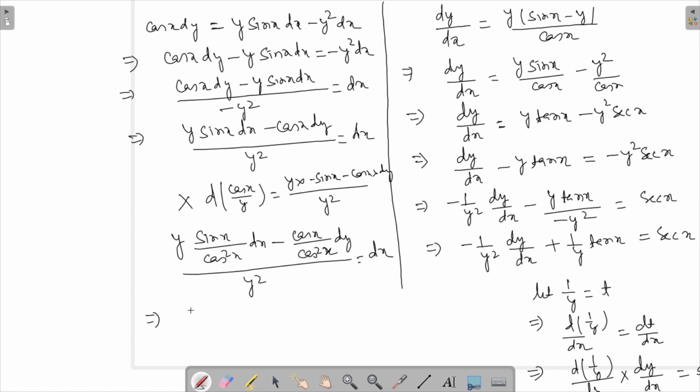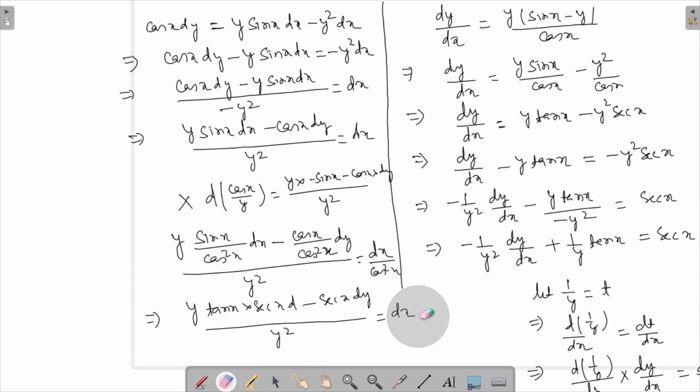Now this will become y, and one of the cos I'll take, and this will become tan x into sec x dx, and one of the cos x will go, this will become sec x dy upon y square, and that is going to be equal to dx. Of course, since you have divided both sides, this is cos square x, so you should write sec square x dx.